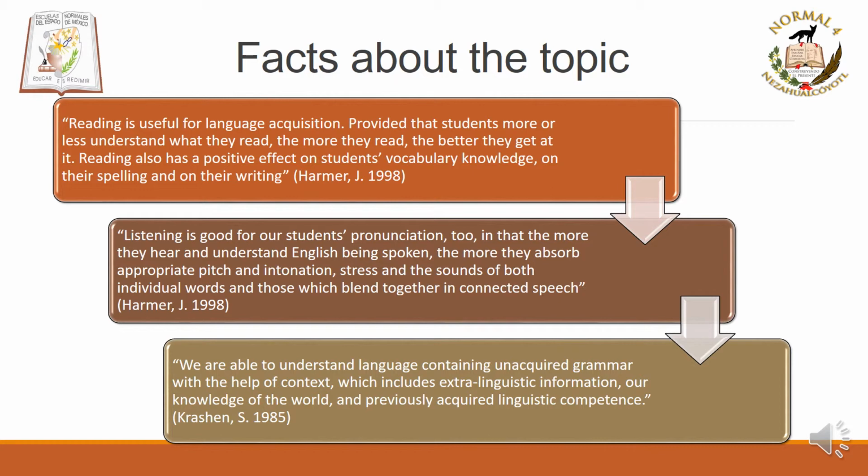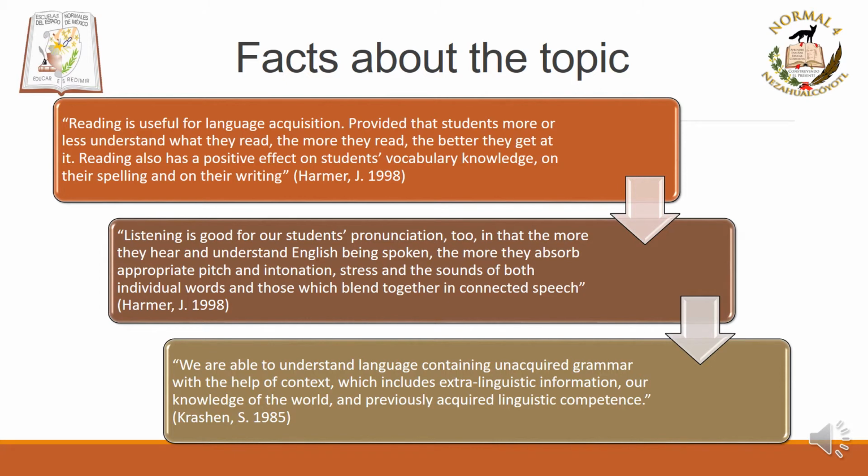In general, all these quotes tell us that reading and listening are very useful in order to know English, to understand English. If they listen, they will be able to get more vocabulary, to know the stress, the pitch, the intonation, and how the words have to be pronounced, and how words can be connected in order to form a sentence or to build up vocabulary.